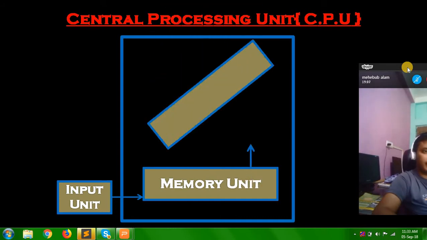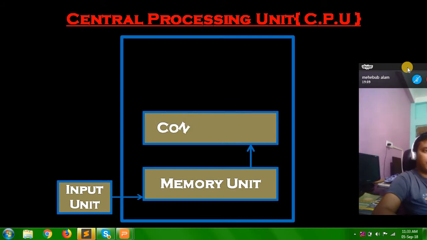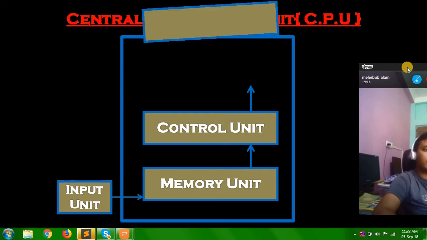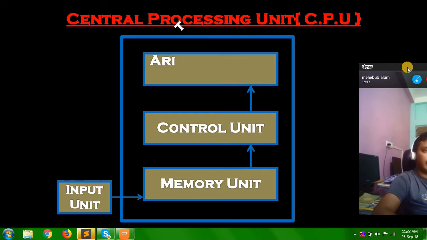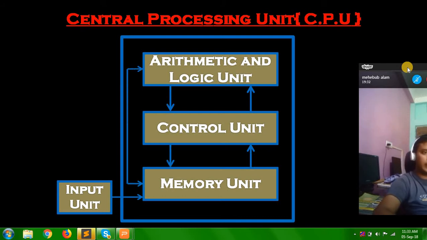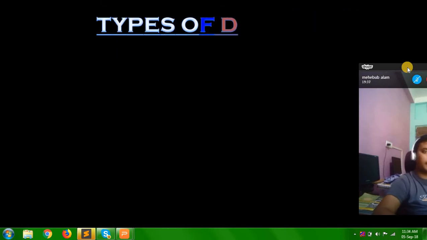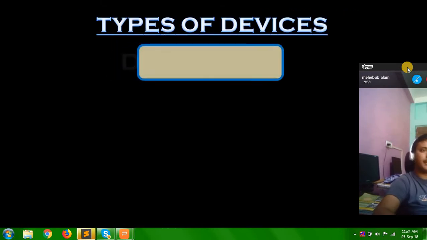The memory unit sends to the control unit, and then the control unit sends to the arithmetic and logical unit. The logical unit transfers data to the control unit and memory unit, and we can get output data.